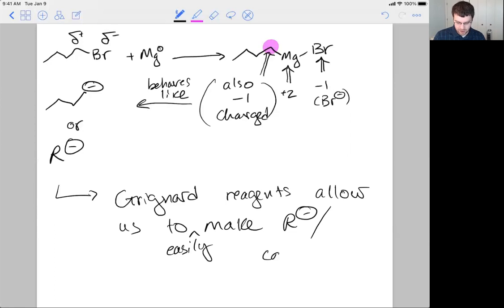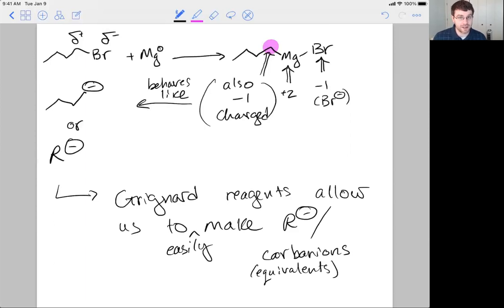These are also called carbanions. And they're not full-blown carbanions. They're called carbanion equivalents because they behave like carbanions without being them. But you, as an introductory organic chemistry student, can think of them as R minus and go very far with a full-blown carbon with a negative charge.